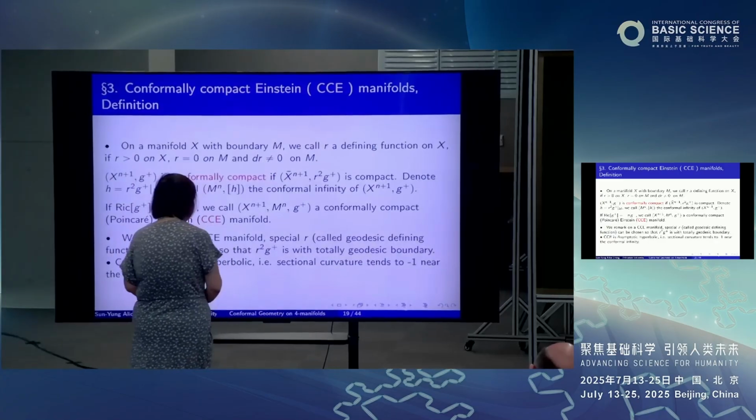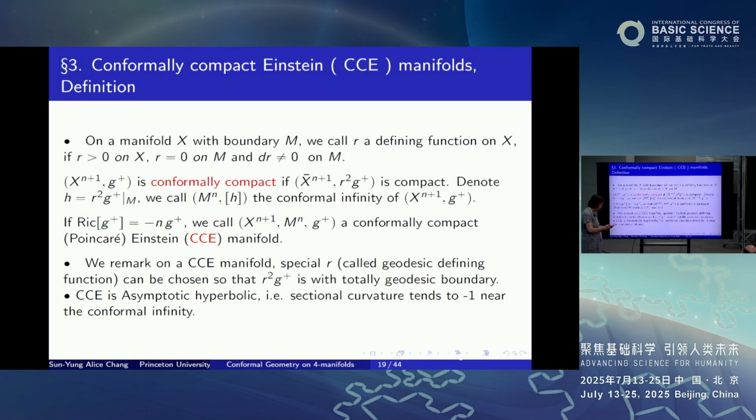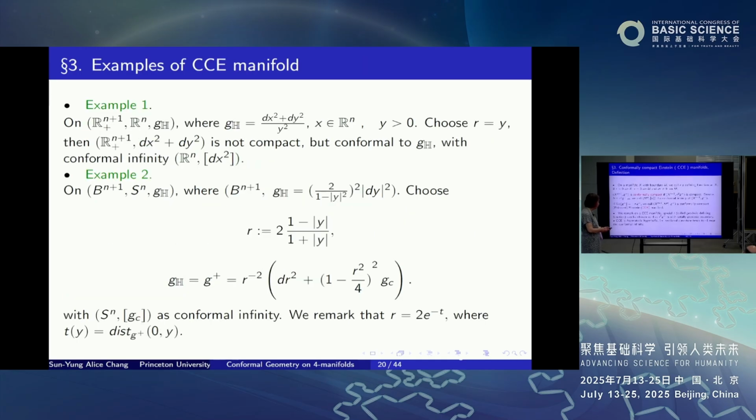So with respect to the special defining function, this metric is totally geodesic.